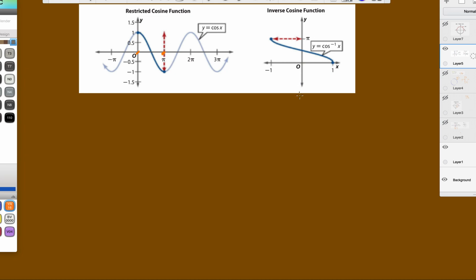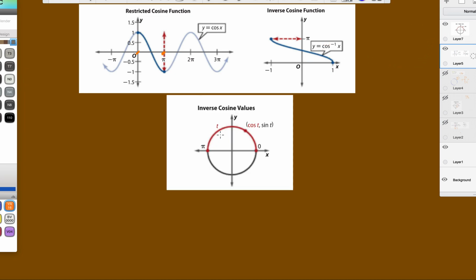We show that on our number line, it still has a range of 1 to negative 1 before it starts to repeat, so we still use negative 1 to positive 1, but right here on the x-axis, before we swap, we go from 0 to pi, and that looks like this.